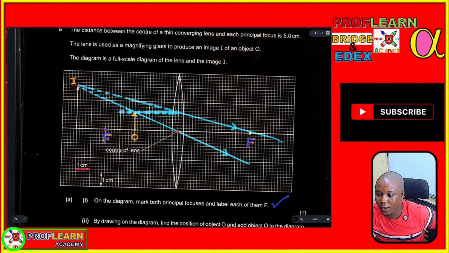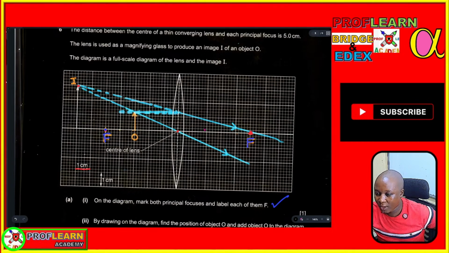So you draw a straight line running from the image through the lens like that. Also, remember there is a ray running from the principal focus to the image. Then you draw that line like that.